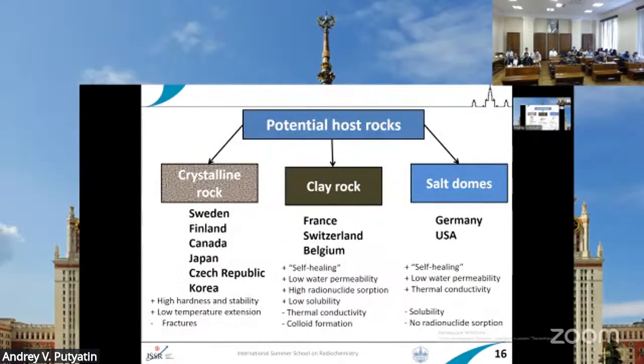So now we can say that there are two main potential host rocks: crystalline rock and clay rock. All of these potential host rocks have different advantages. For example, these salt formations that are stopped in Germany but not in the USA.